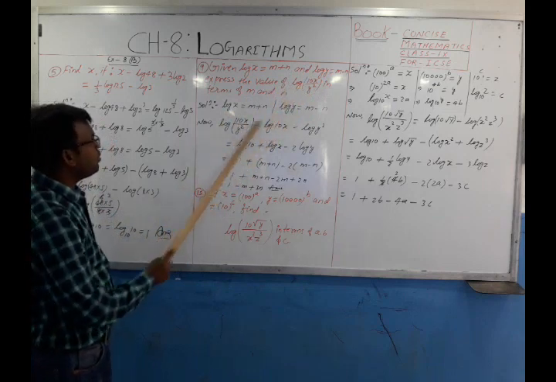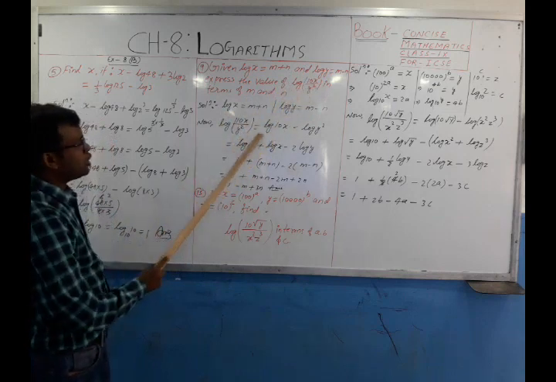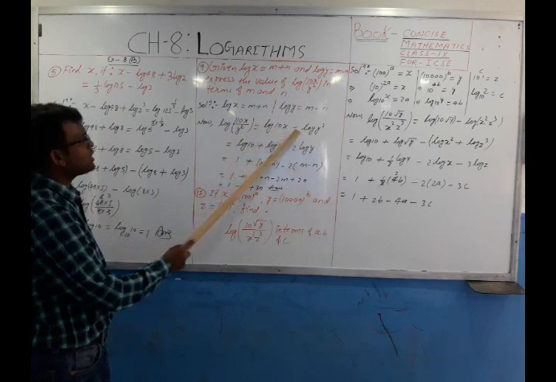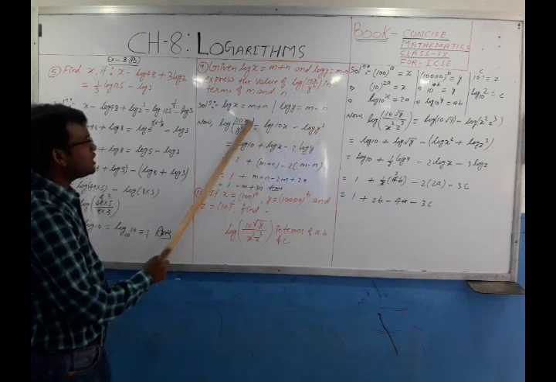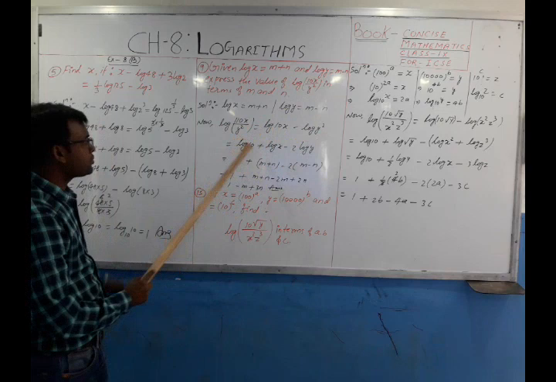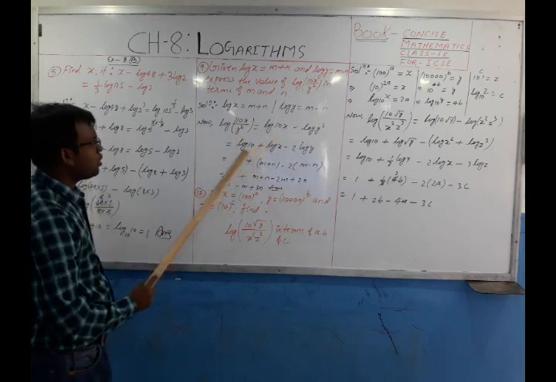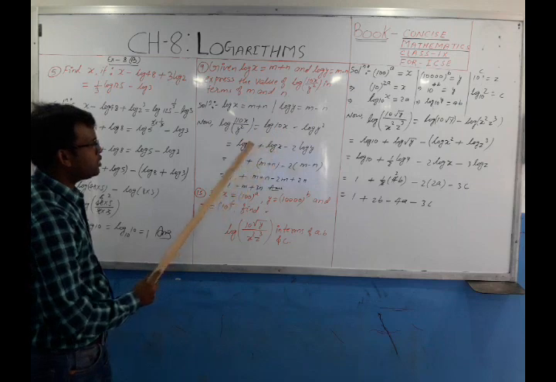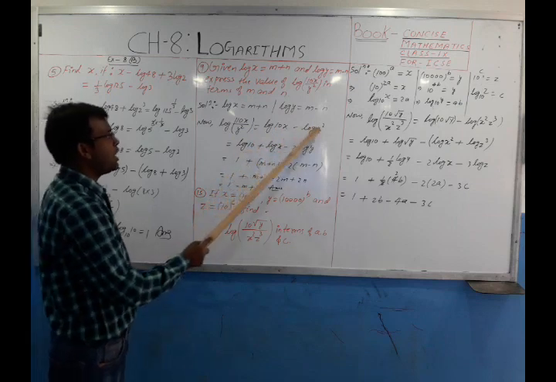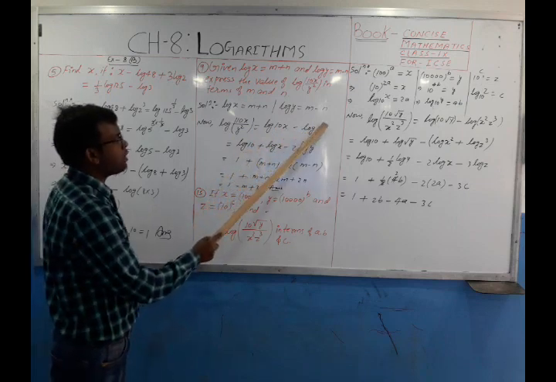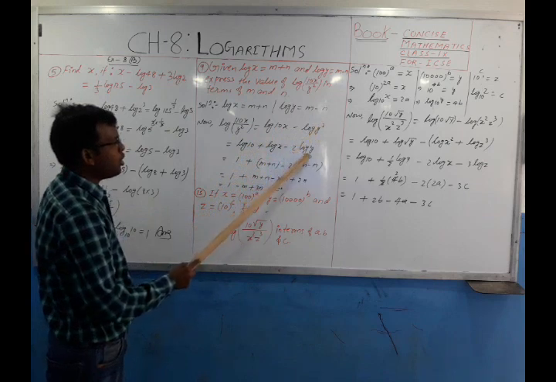Now log of 10x divided by y square, you may write as log 10x minus log y square, since it is in the form log m by n. And again it is in the form log m into n, so log m plus log n. That means log 10 plus log x, and this is in the form log m to the power n, so it will be n log m.